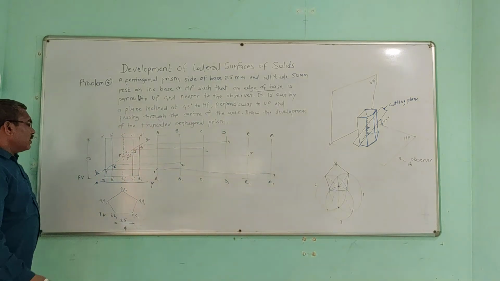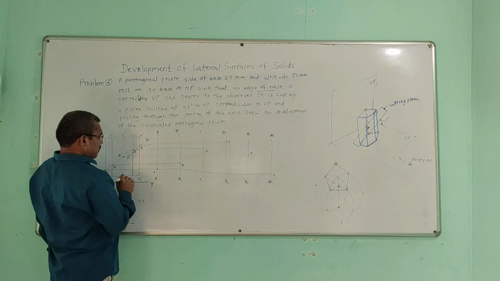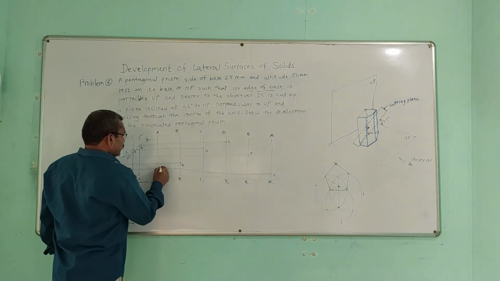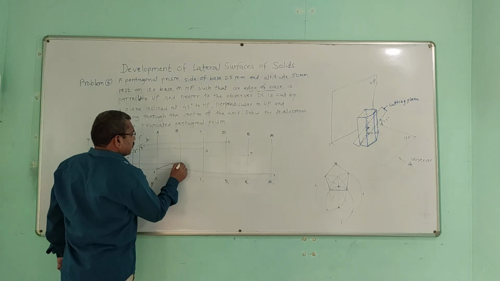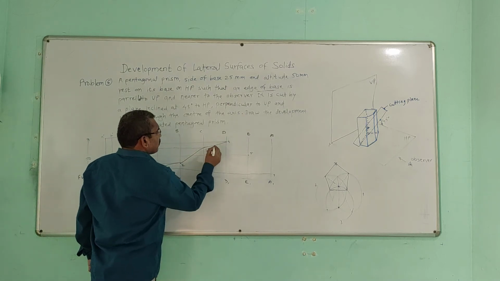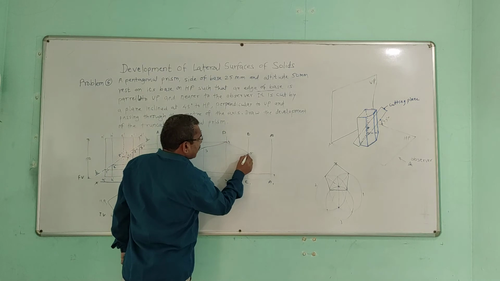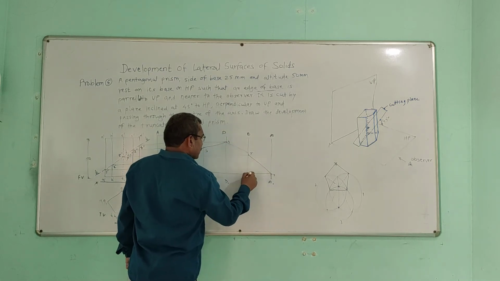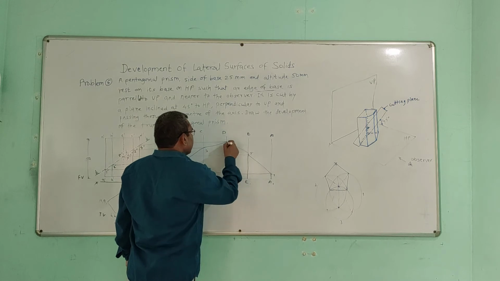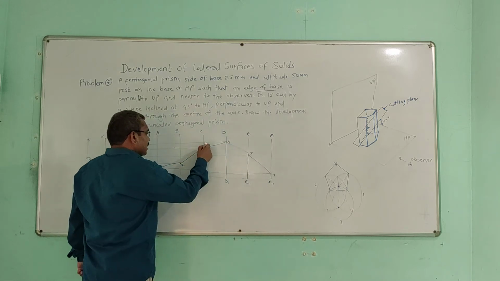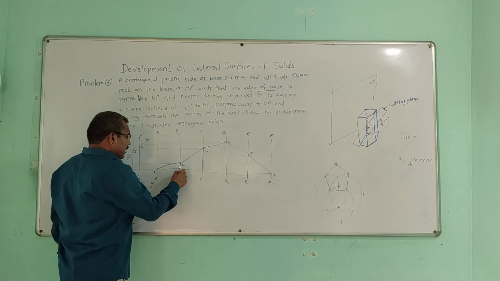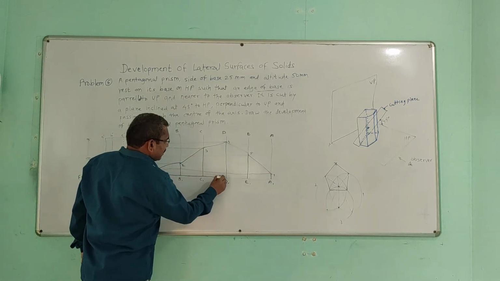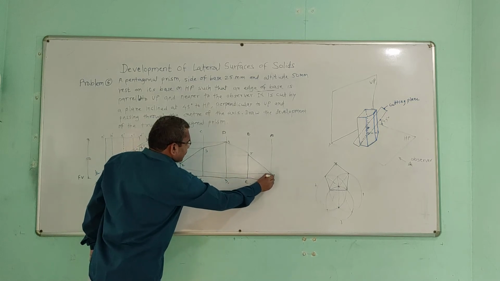Okay, so let us join all these points in sequence: 1, 2, 3, 4, 5 and 1. After this come the vertical edges. All these edges are vertical. Vertical edges mean the face edges, and the bottom line indicates the base edges.